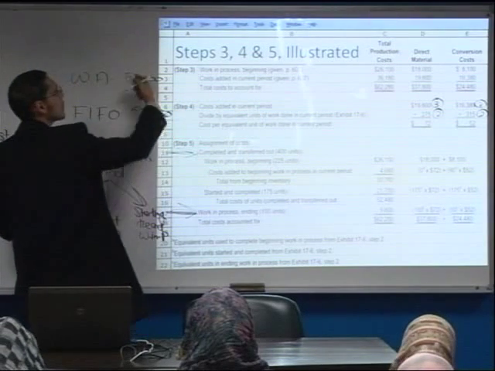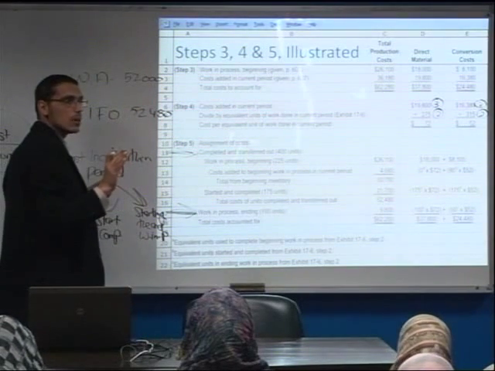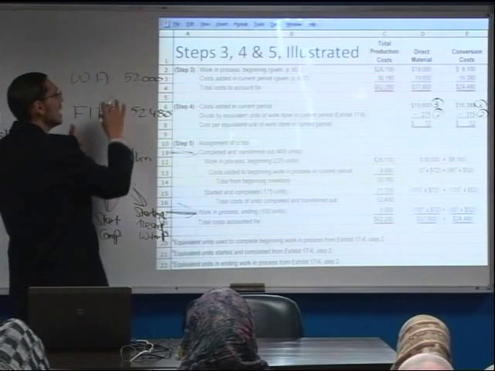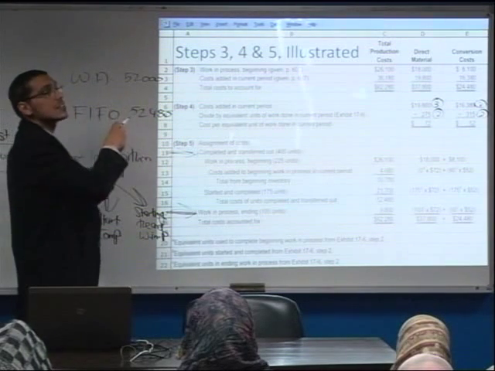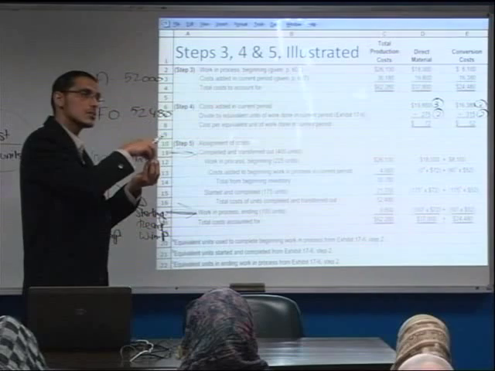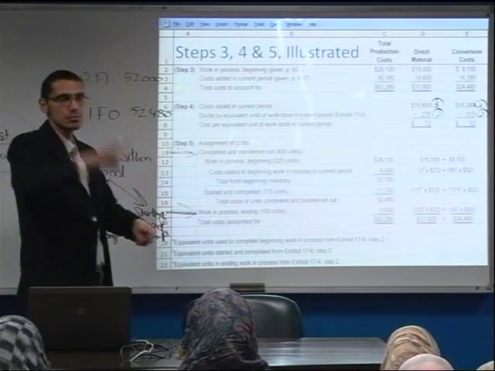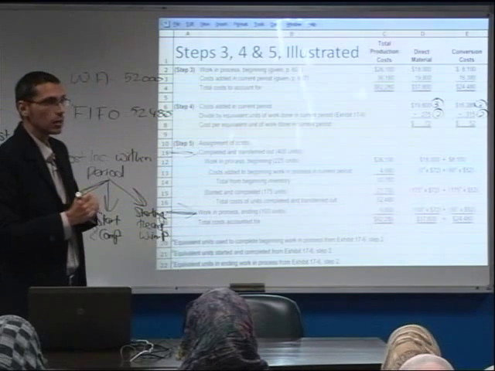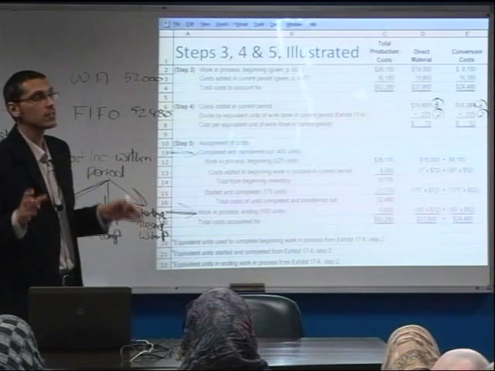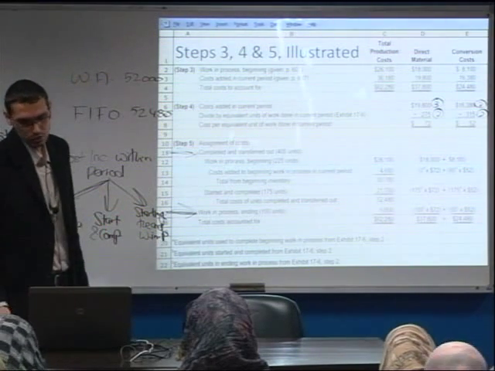Therefore, the only difference in the journal entries would be in the last entry that transfers the amount that has been completed and transferred out from the work in process of the assembly department to the testing department. This would be the only difference in the journal entries.